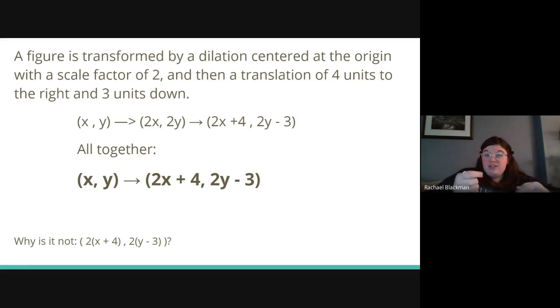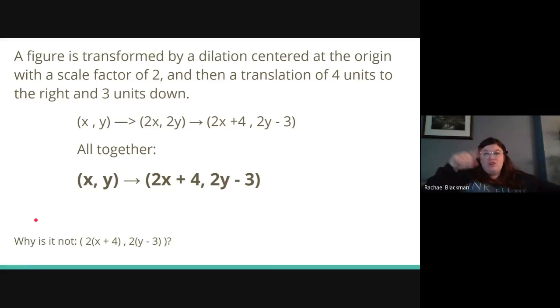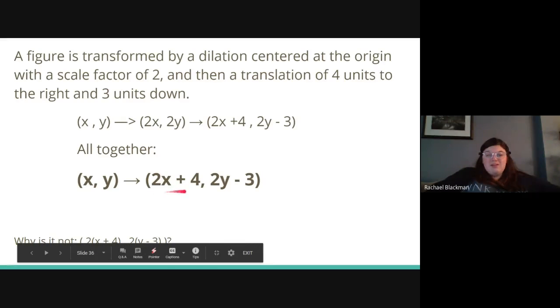You could even check to see if you have the same rule, like does the order matter here? With that one at the bottom here, let's take the 2 times the (x + 4), distributed, right? So that's going to be 2x + 8. 2x + 8 is not the same x coordinate as 2x + 4, right?